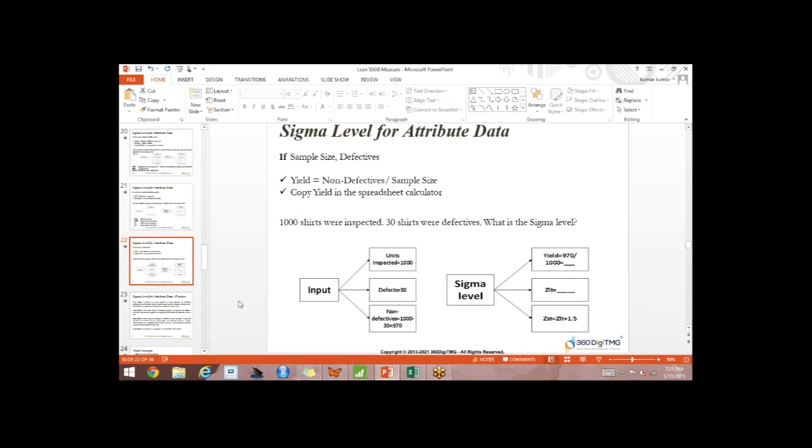If you're committing to move the sigma level of the process to 6 sigma, it will be extremely, extremely challenging. I'm not saying it is impossible, I'm saying it is extremely challenging. So judiciously accept the goal with the client on the consulting engagement.